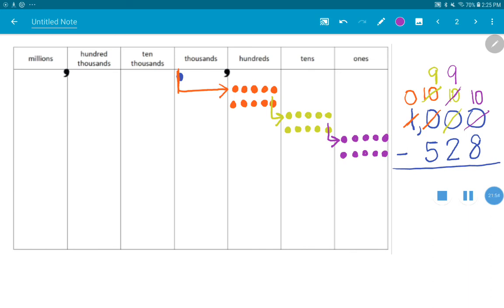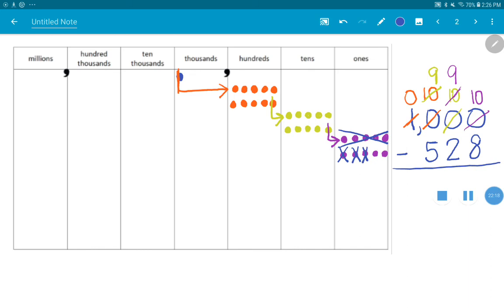So now we're ready to subtract. We can show our work by crossing out the place value discs. I'm going to start with the ones place value. I have 10. How many am I taking away? 8. So I need to cross out 8. I put them in groups of 5. So there's 5, 6, 7, 8.